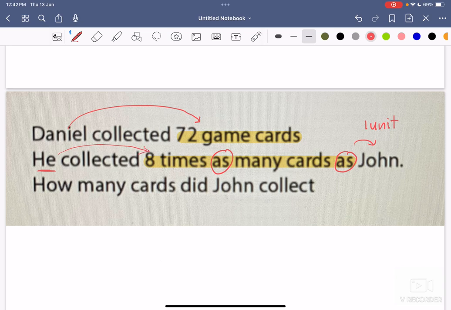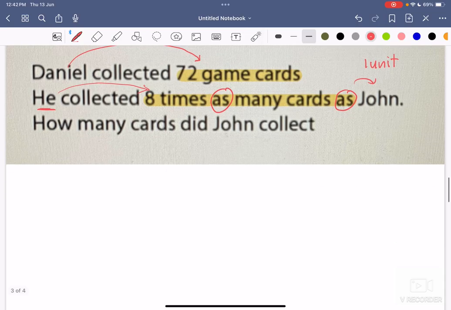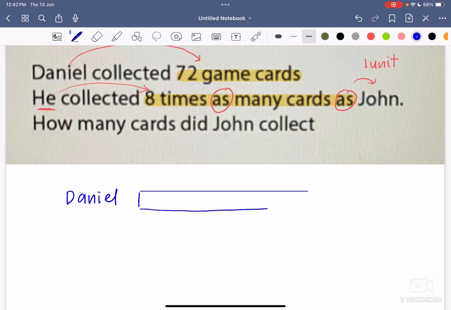So we are comparing 8 and 1 now. Now we will draw the bar graph or the comparison model. Daniel will have 8, so you will need to draw 8.